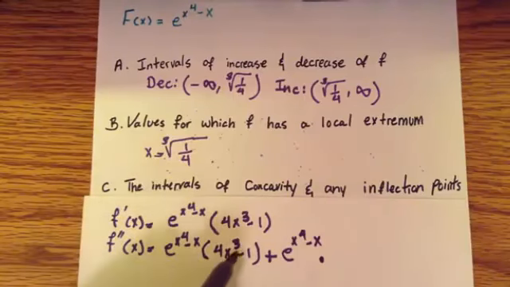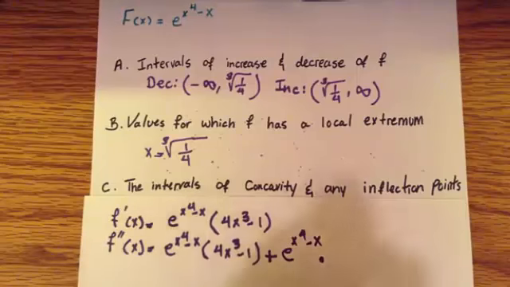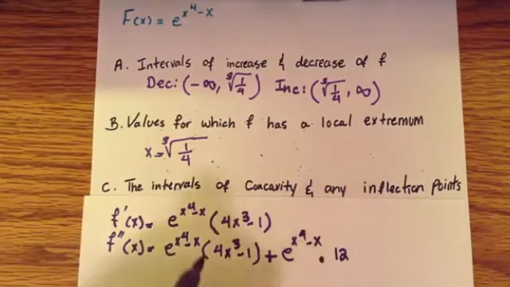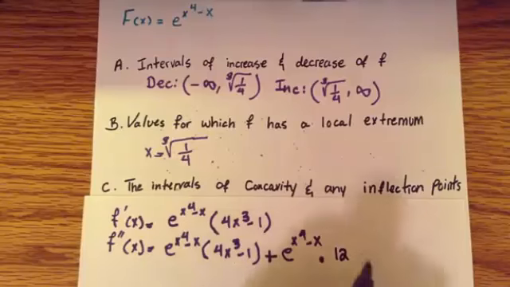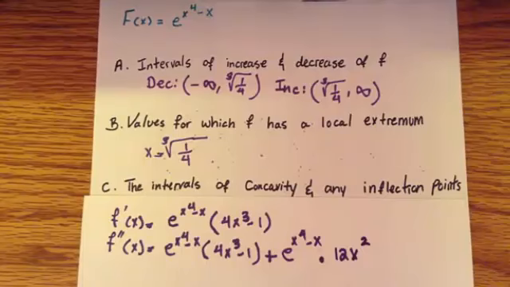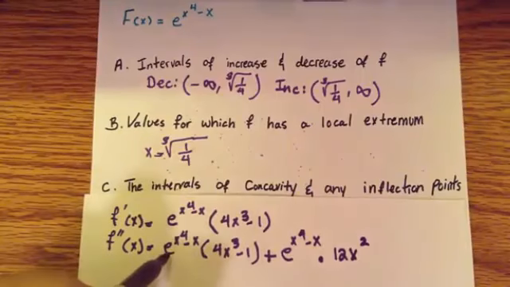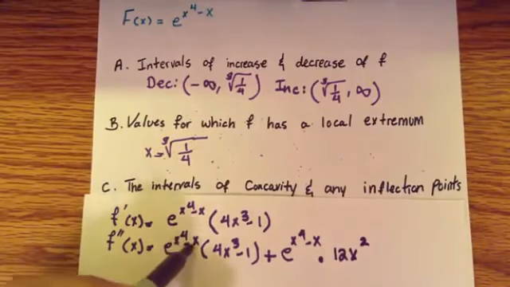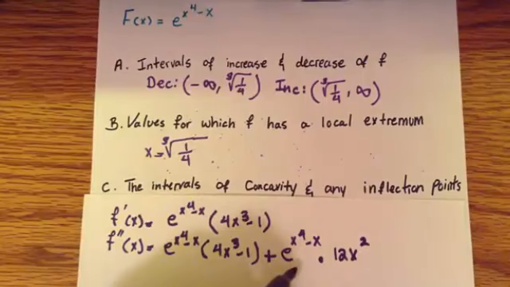So 4 times 3, we get 12, then we drop the power by 1, so we have 12x squared. Now, if we look at our derivative, we have e to the power of x to the fourth minus x repeating twice, so maybe we can factor this out.